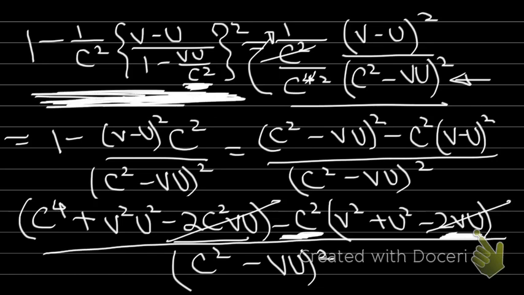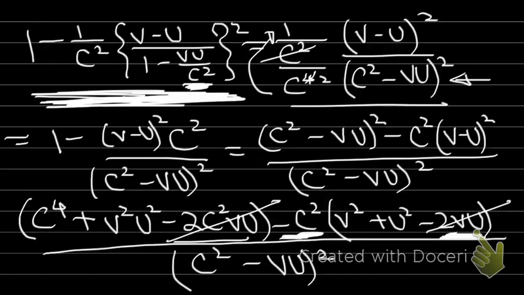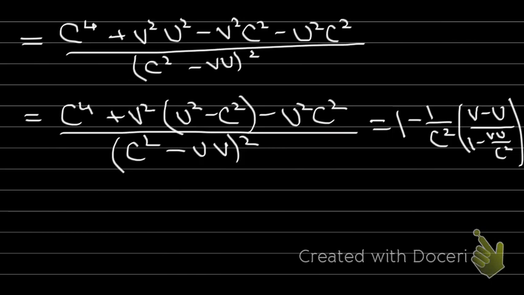Okay, so the goal is then to eventually put it back in this term over here, in my gamma plus. Well, now actually there is a square up here, right? Okay, so now let's just put this back in our gamma plus. And so let's do that over here.